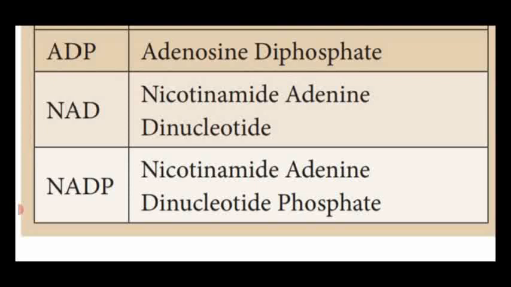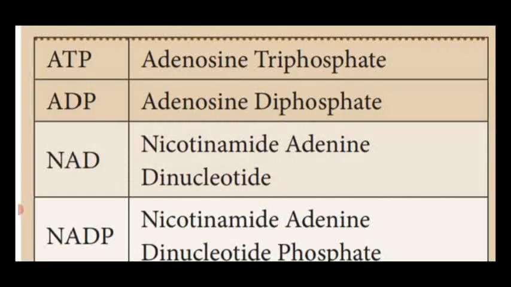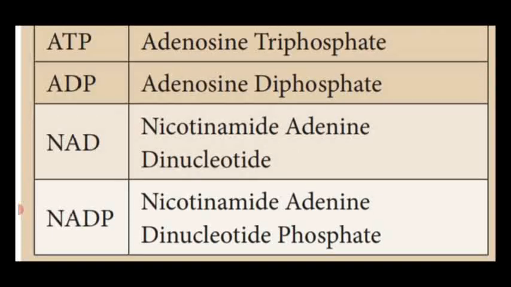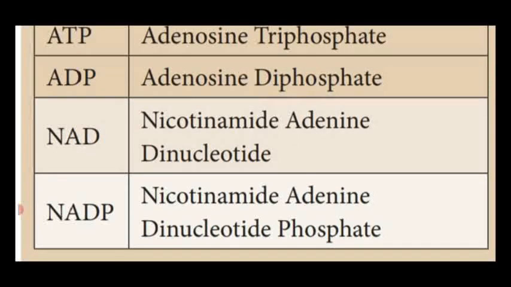So these are the different coenzymes and energy storing substances, ATP and ADP, produced in the light dependent reaction which takes place in the thylakoid membrane.